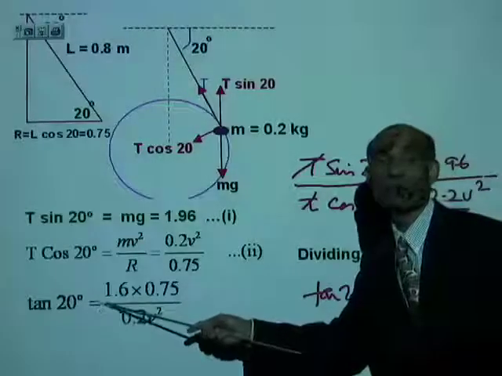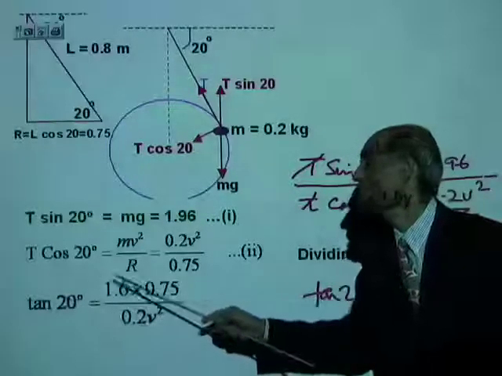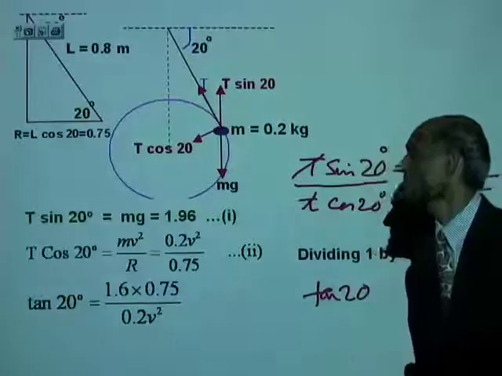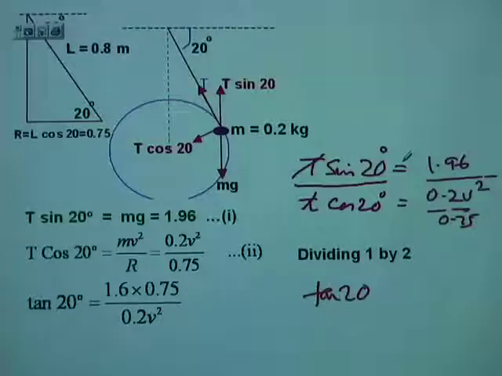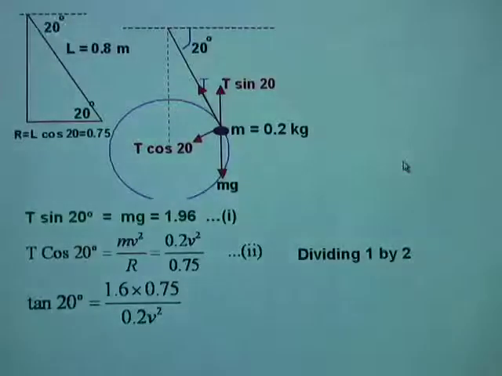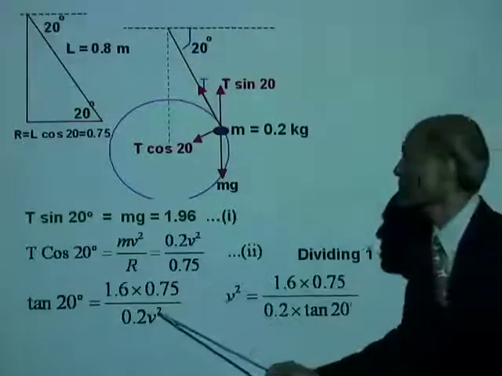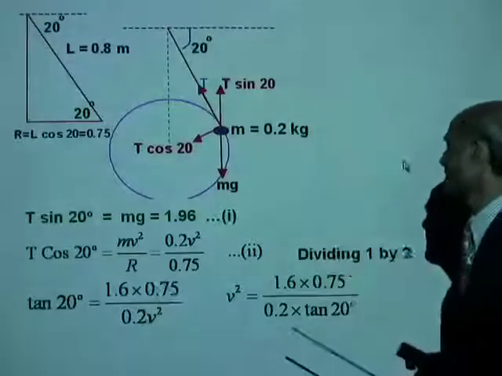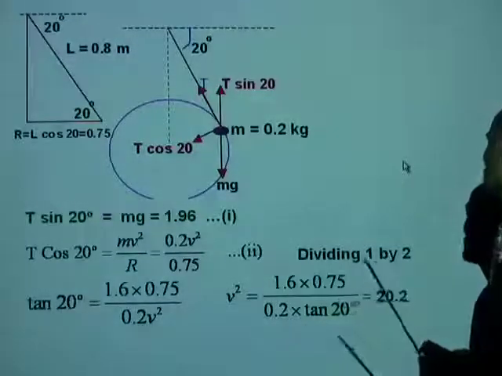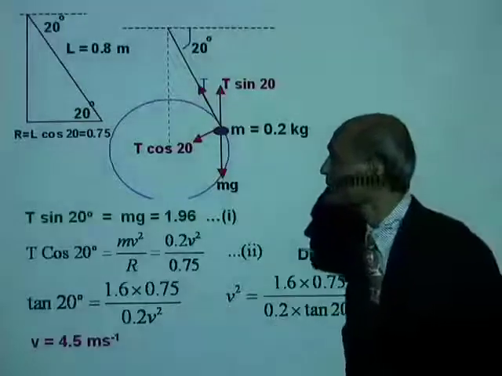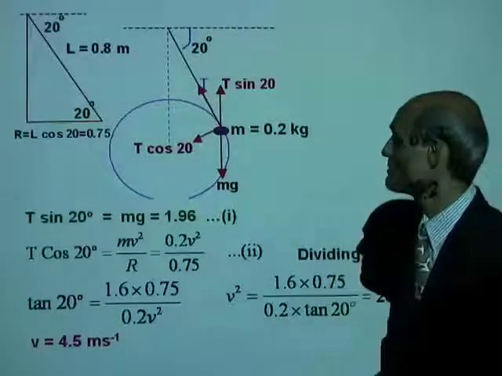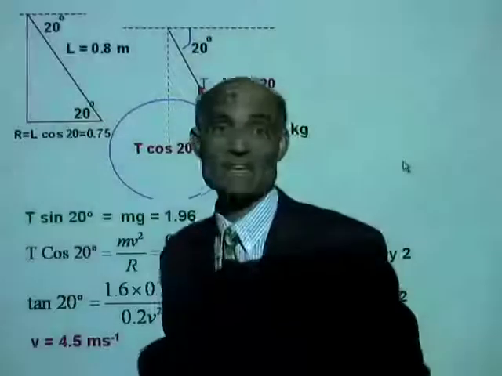That's how we got this one. Tan 20 equal to 1.96 times 0.75 divided by 0.2 v squared, and solve v squared from there, and that gives you 20.2, and therefore v equal to 4.5 meters per second.